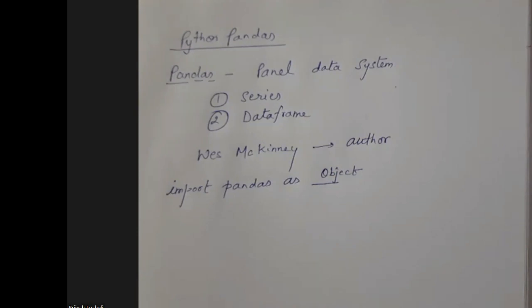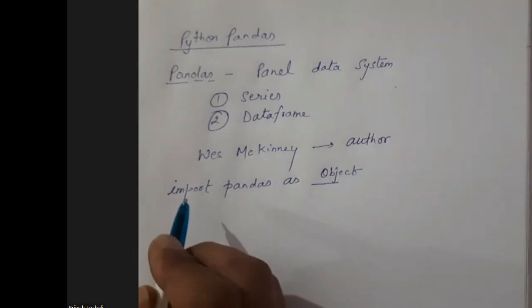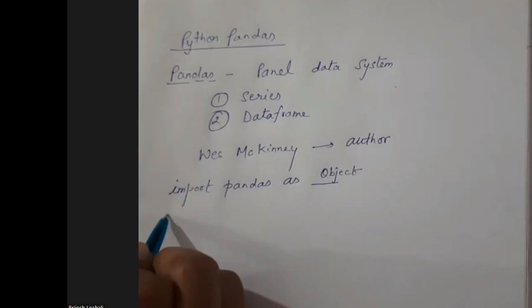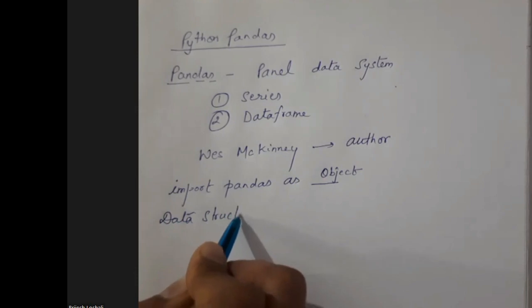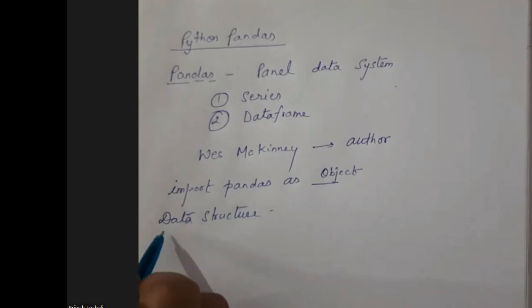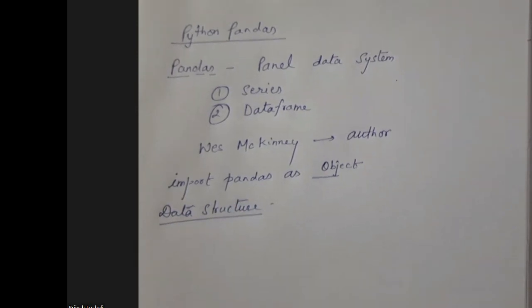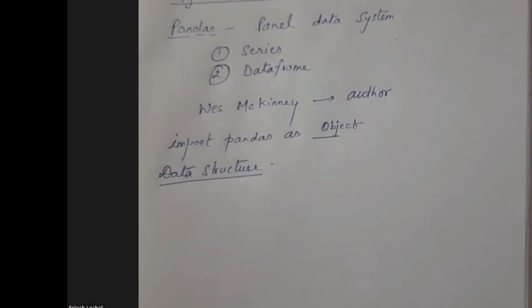Study it properly. So before going to series, let us understand data structure. What is data structure? Basically, in layman's language, it is the structure of data: how we store and deal with the data.